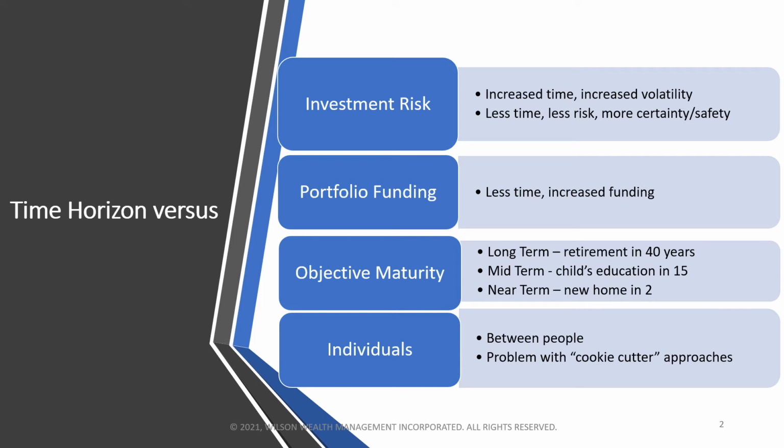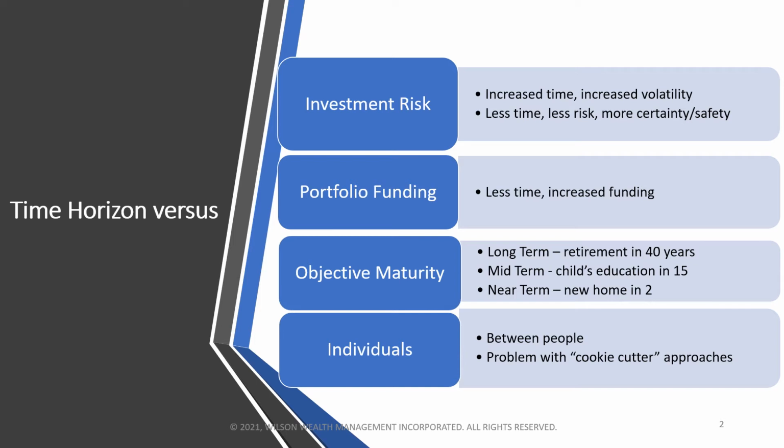You can take on more risk, but you have to be cognizant that that 15 years is now literally on the clock and it's approaching rapidly and it will be a near-term objective soon. So you want to be able to adjust relatively quickly on that from maybe less liquid assets and higher risk and higher return to more certainty as you reach that 15th year.